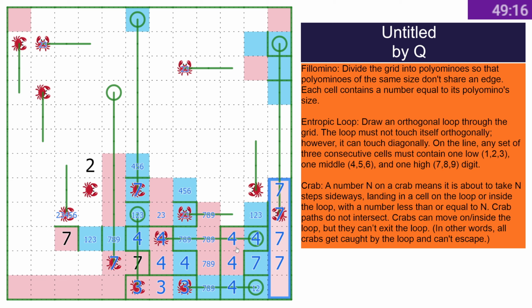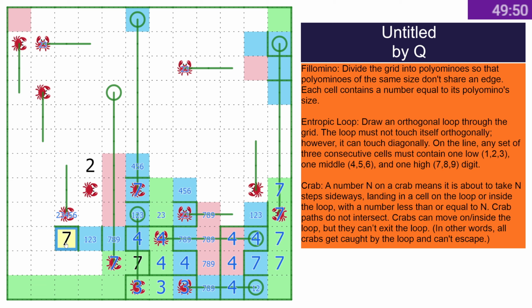It's almost tempting to highlight some stuff as being strictly outside loop. Let's make outside loop green for a brief moment. This is all strictly outside. This is all strictly outside. This is all strictly inside loop. Yeah, that's the problem.